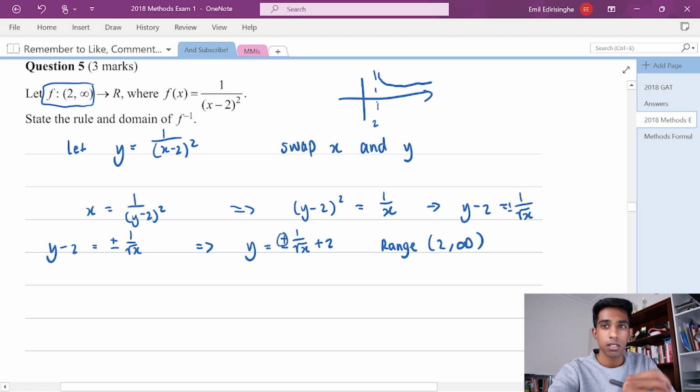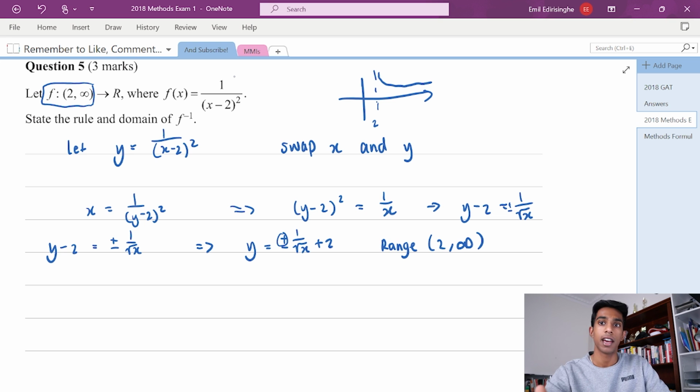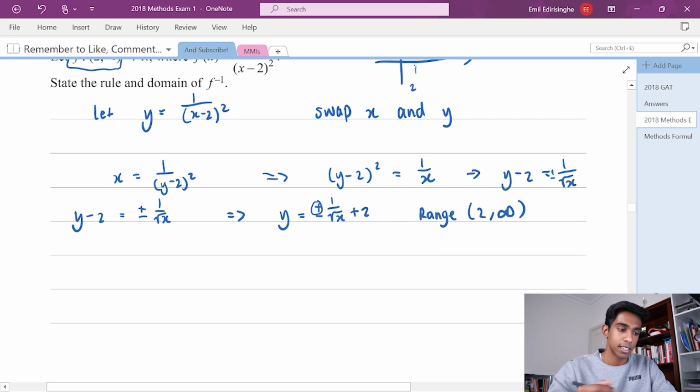And the function goes from 0 to infinity. And that's because it's a truncus. And when x approaches infinity in the original function, it approaches 0. And then when it approaches 2 in the original function, it approaches infinity. So because of that, we know that the domain of the inverse function is going to be 0 to infinity.